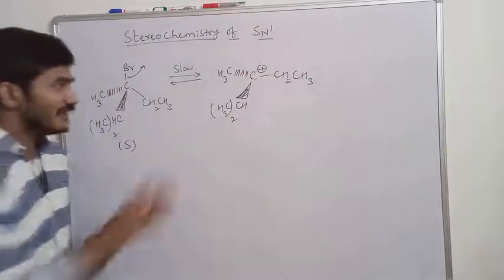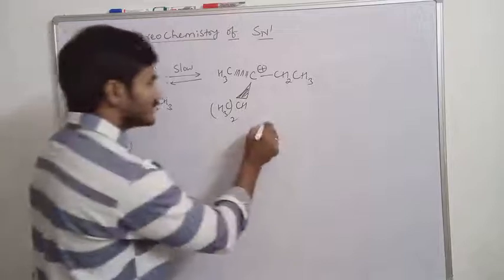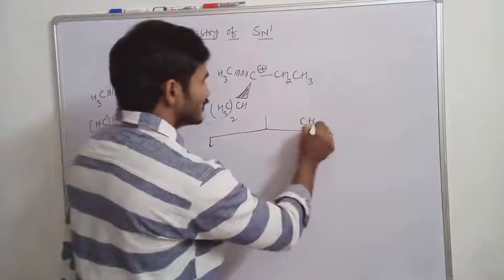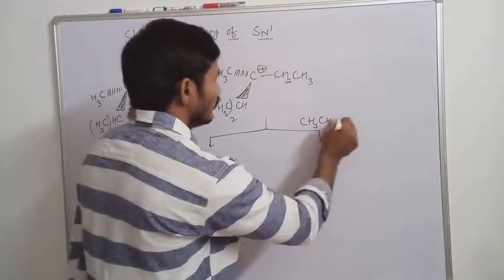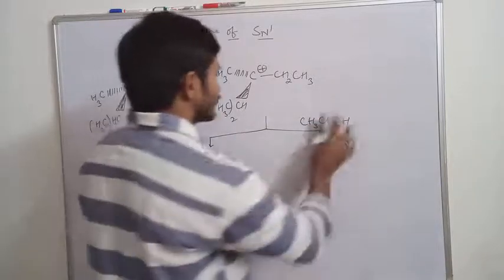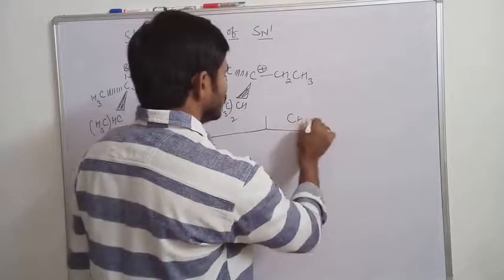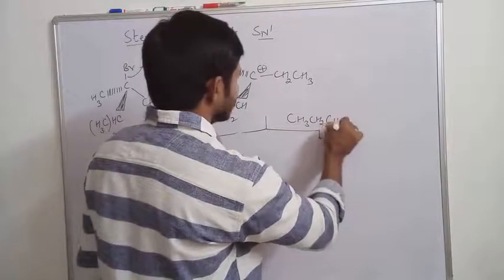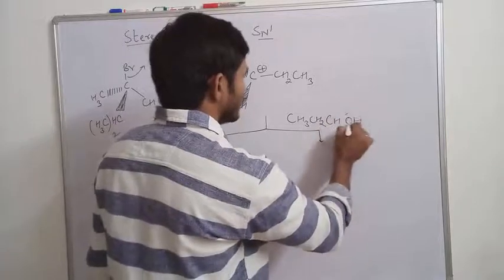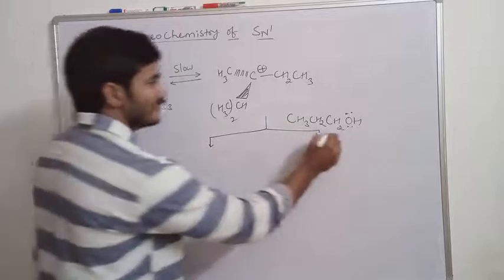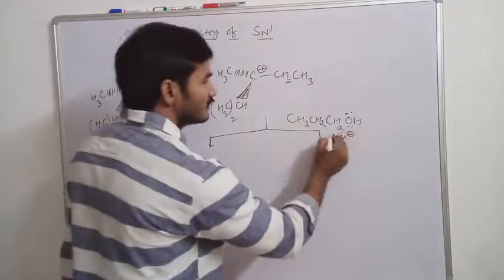When carbocation formation takes place, next is what? Nucleophilic attack. I am taking the nucleophile here, CH3, CH2, CH2, OH. Four groups should be different, that's why I am taking propyl alcohol. This is the solvent, also called the nucleophile.